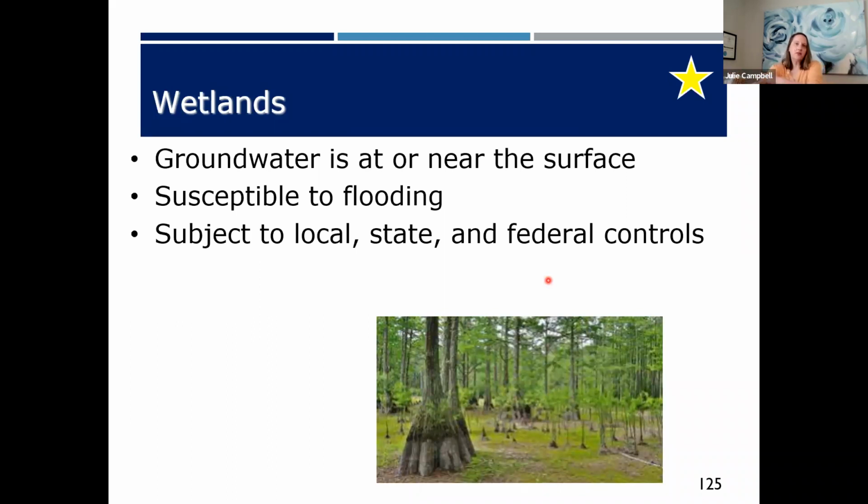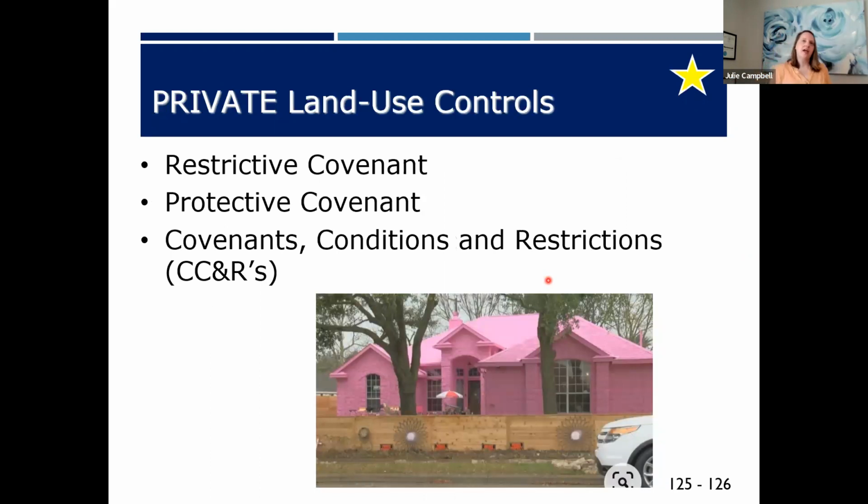The second part of this unit is private land use controls, and that's where our HOAs come into play. HOA subdivisions may have covenants. Now, this is one of those fun things where you can hear several different terms that mean the same thing. Restrictive covenants are the same thing as protective covenants, or the same thing as CC&Rs.